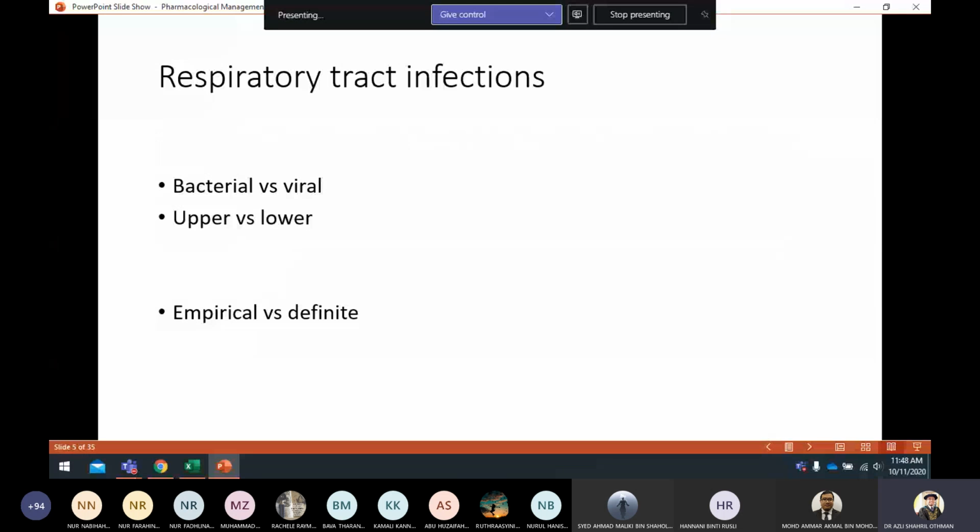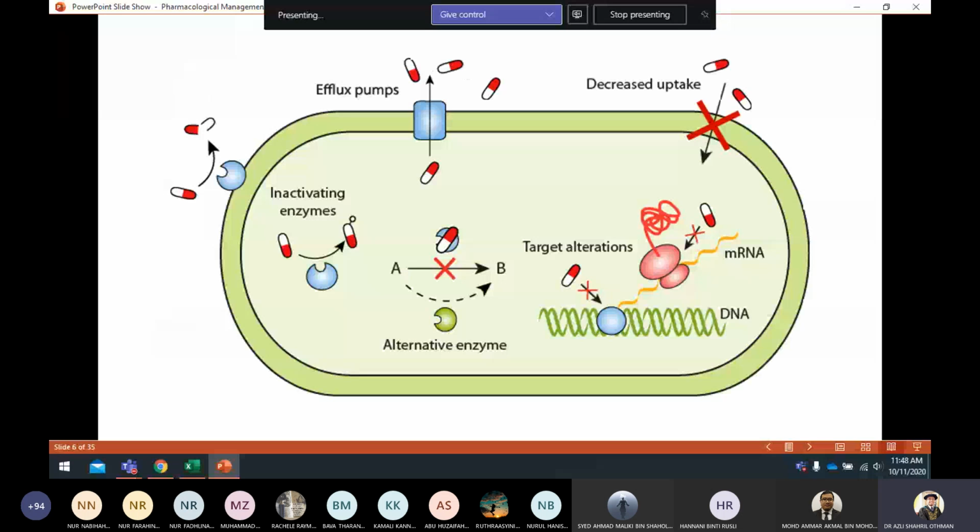So the mechanism of resistance is something that you have learned before. You will know that for certain drugs, the resistance develops because the drug is being pushed out from the bacterial cell. This is the role of efflux pumps. You know that certain bacteria are resistant to drugs by denying the uptake of the drug into the bacterial cell.